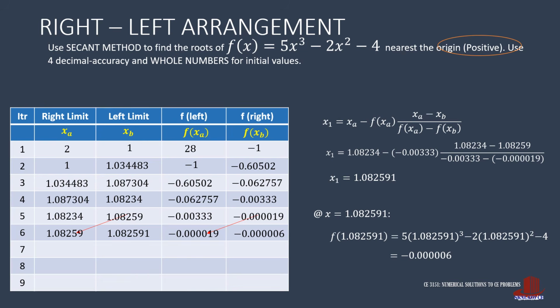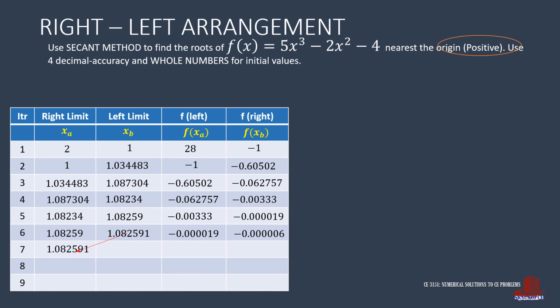Again, we arrive at the same f of xb from the left-right arrangement of the columns, giving more than 4 decimal zeros, where the root is the same with the earlier answer of 1.082591.